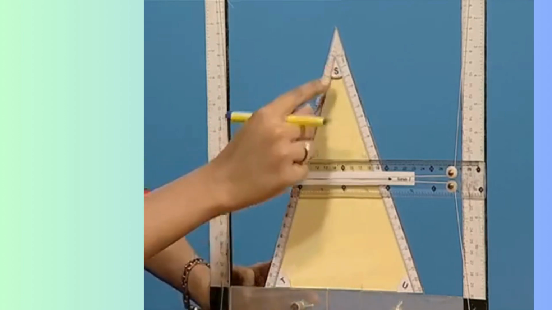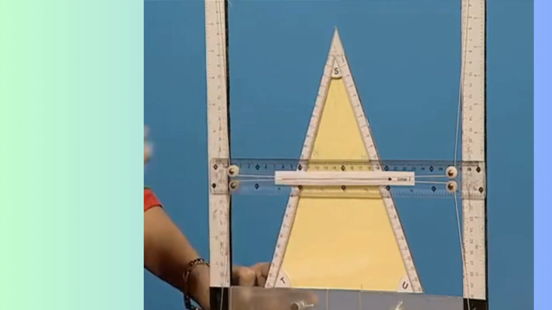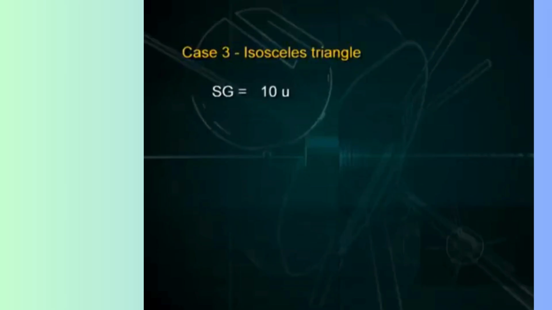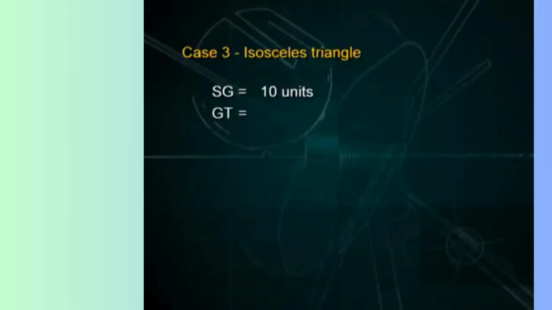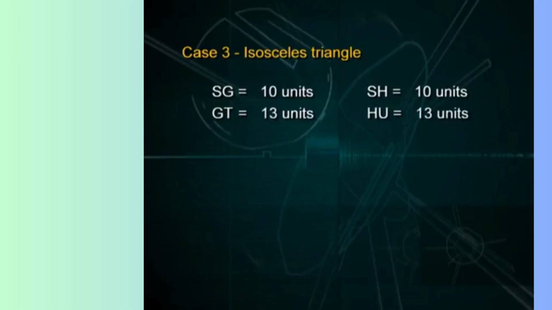Again we can see on measuring, SG is how much? 10 units and GT is 13 units. SH is also 10 units and HU is also 13 units.